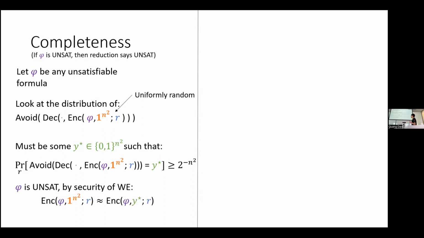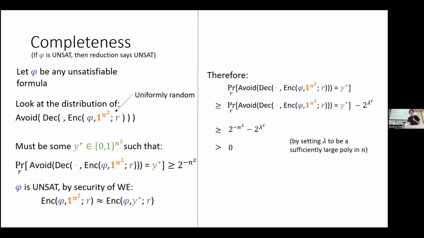So if phi is unsatisfiable, it does not matter whether you encrypt 1 or you encrypt this y star. This is the security of the witness encryption. In such a case, consider the probability that you first encrypt y star and put the decryption circuit into the range avoidance algorithm.